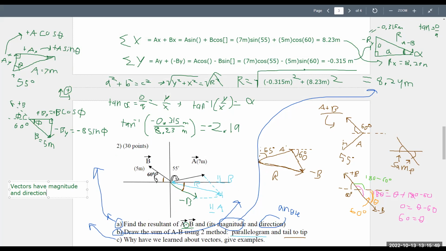If she ever asks about vectors, always add this. That's one of the main things she wants you to understand, because there's vector versus scalar. So scalar doesn't have a direction, but it has magnitude.